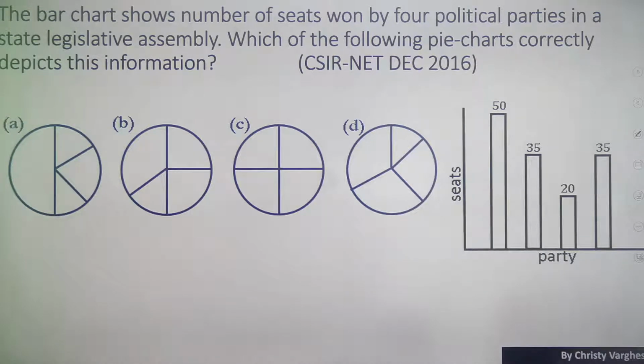Very good. Many of you got it. B option, D option, A option. Let's see which is correct.